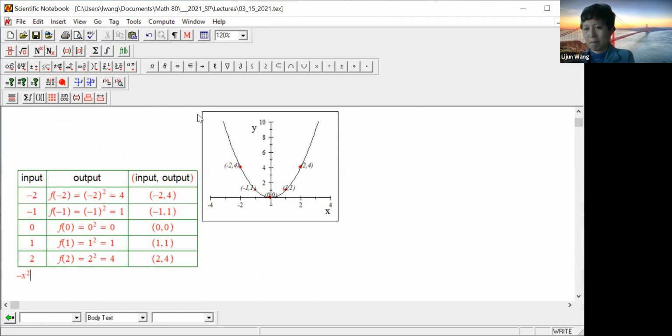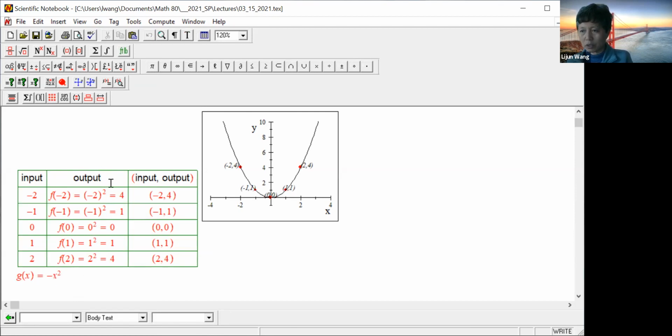It's a new function. I'm going to call it g. It doesn't matter what name you call it really, just to make a distinction, -x squared.